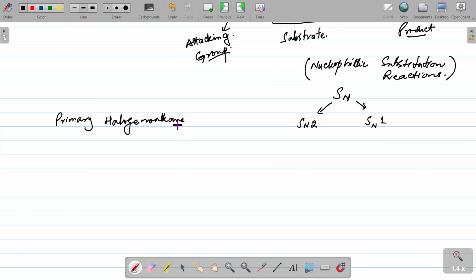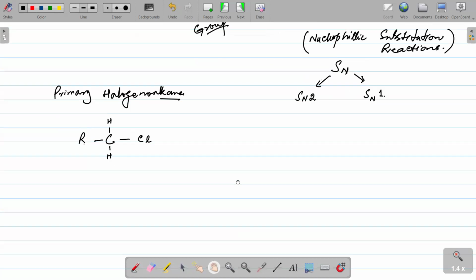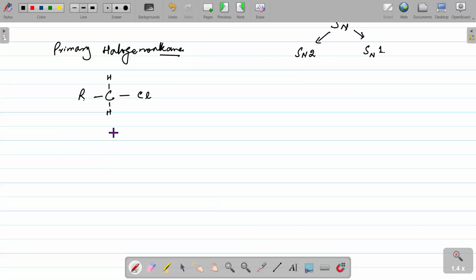Those alkanes in which the carbon bonded with the halogen group is further bonded with only one alkyl group, or the carbon bonded with the halogen is not bonded with any other alkyl group.